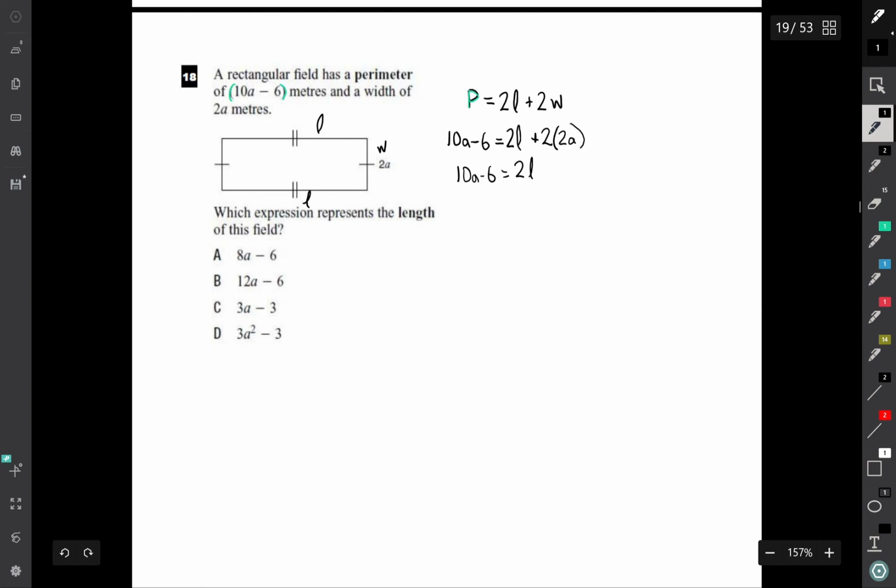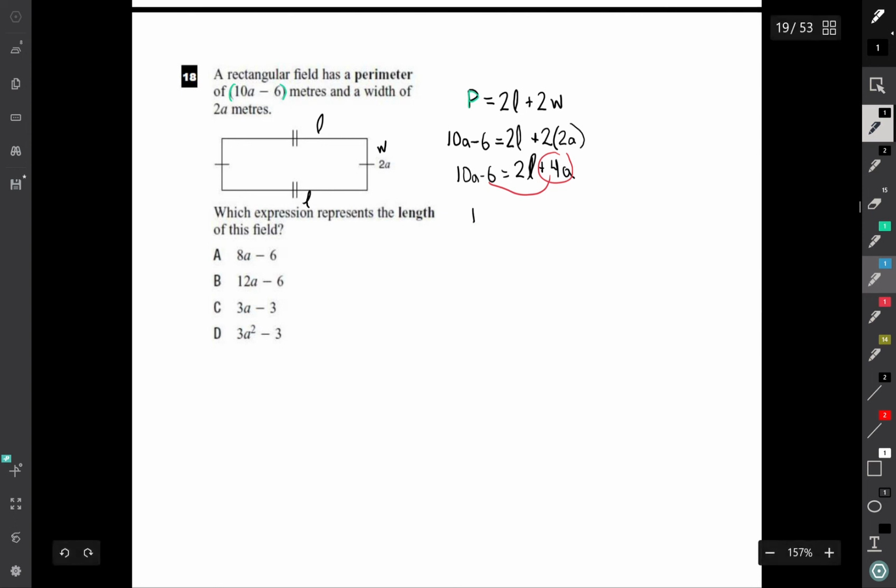2L. This becomes 4A, right? 2 times 2A is 4A. Now I need to get L alone, because this is what I'm trying to isolate. So I'm going to move my 4A to the other side, and it goes from plus 4A to minus 4A.